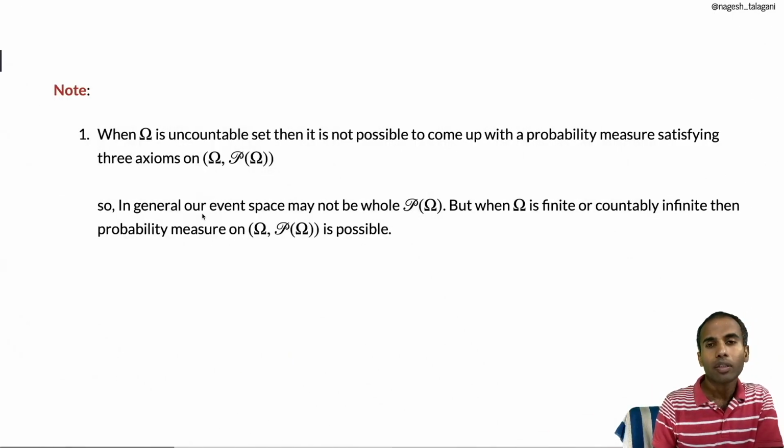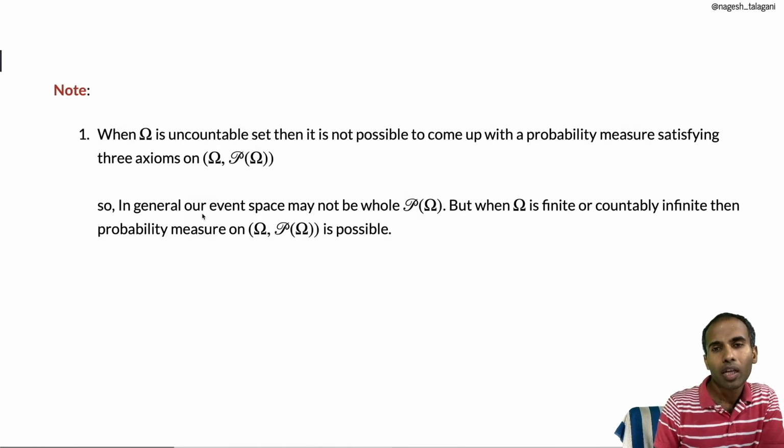Note here, people proved that when the sample space is uncountable, like an interval, then it is not possible to come up with any probability measure satisfying the three axioms on this space. That means we cannot include every subset of omega in our event space to assign probabilities. So we may have to exclude some bad subsets, something called non-measurable sets.